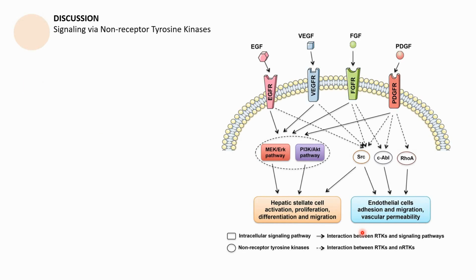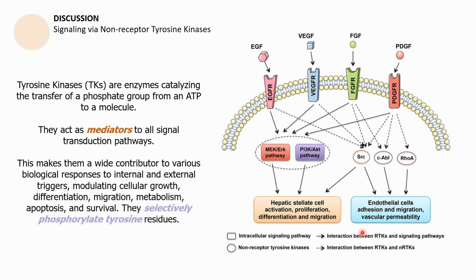Next one is signaling via non-receptor tyrosine kinases. So, yung mga nandito, meron tayong mga growth factors. Platelet-derived growth factor, andyan din siya. Tyrosine kinases or TKs are enzymes catalyzing the transfer of a phosphate group from an ATP to a molecule. These tyrosine kinases act as mediators to all signal transduction pathways.